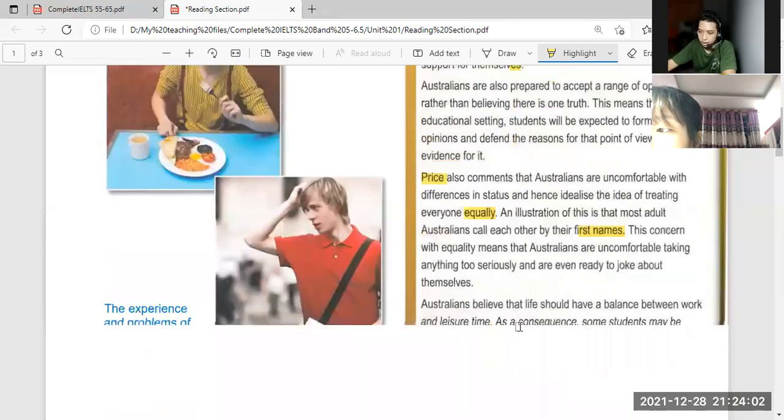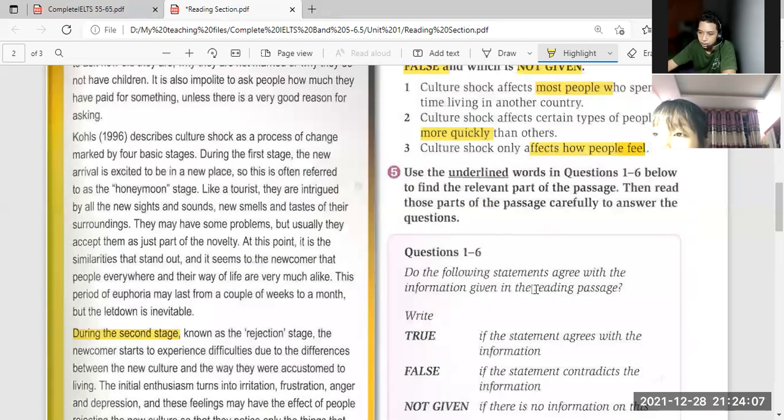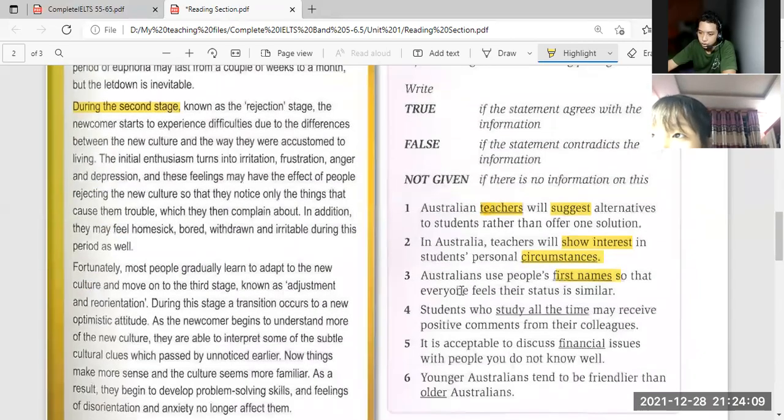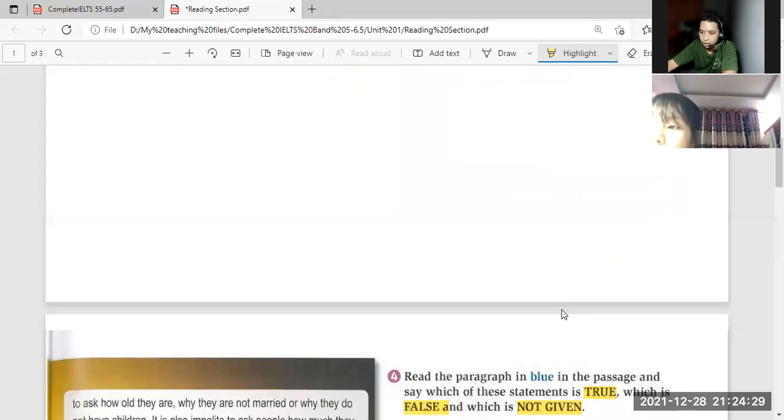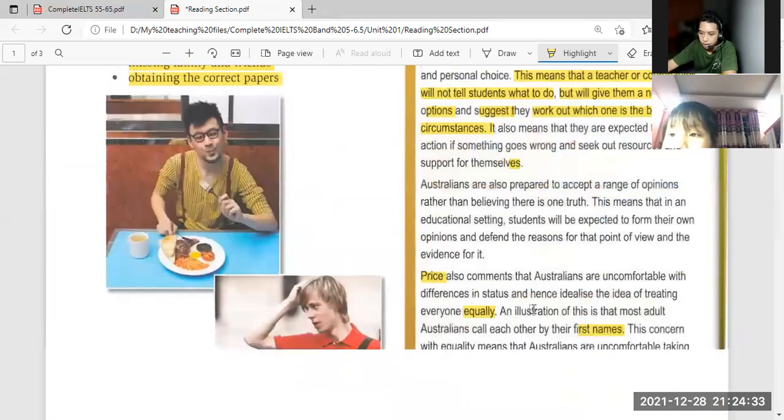Okay. Do you think this statement is true, false, or not given? True. Yes, it is true because Australians use people's first name so that everyone feels their status is similar. Where can you find that? It is here.